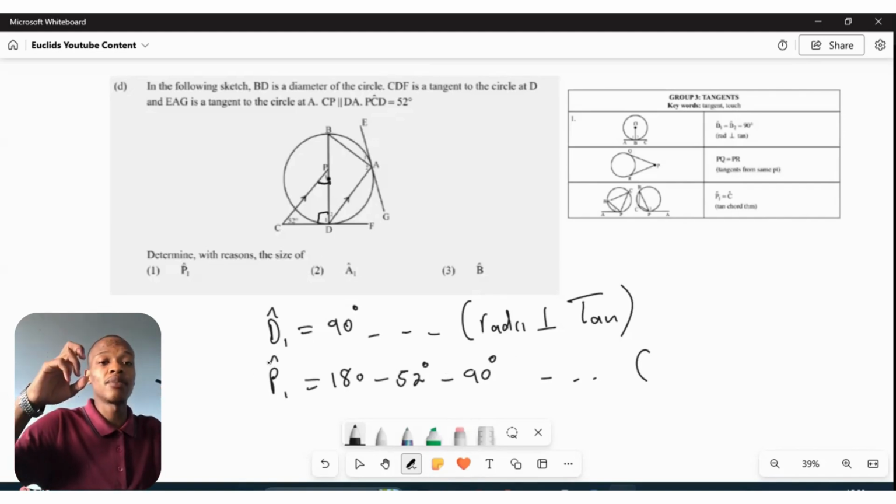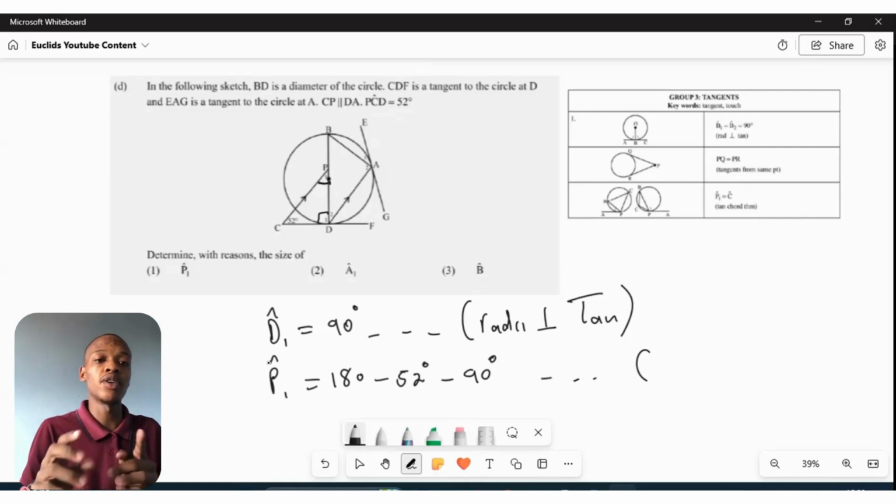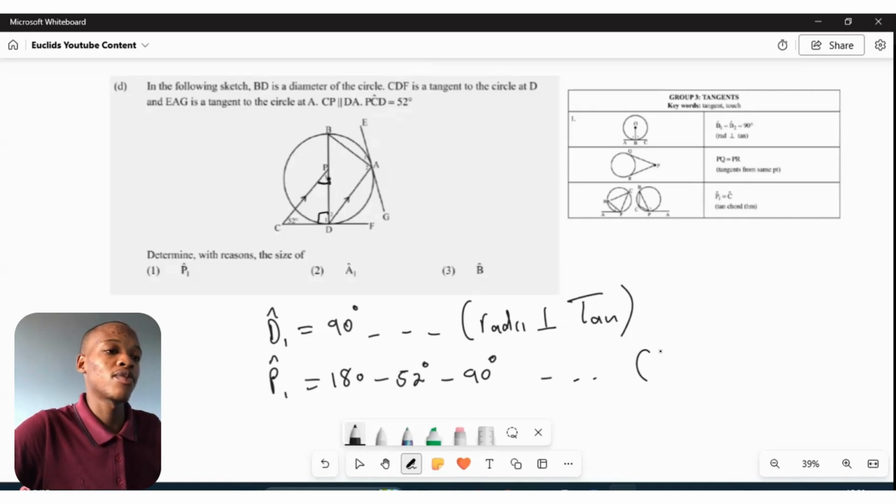You should write the reasoning next to where you say P1 plus angle C plus D1 equal to 180. That's when you can say sum of angles of a triangle. But I'm just going to say it now. Sum of angles in triangle.